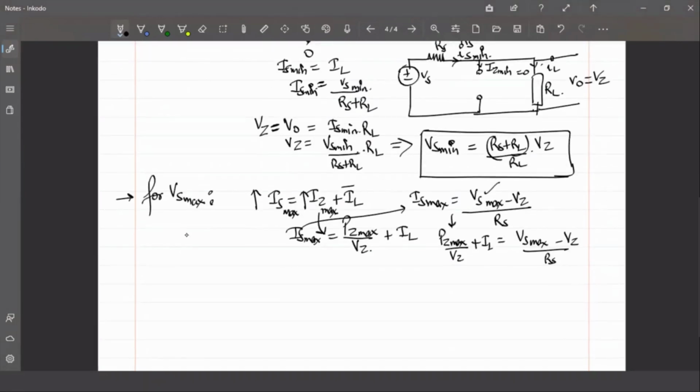From here I can find the value of Vs max. Vs max is equal to Pz maximum value from the data sheet divided by the Zener voltage, plus IL, the load current, multiplied by Rs plus Vz.